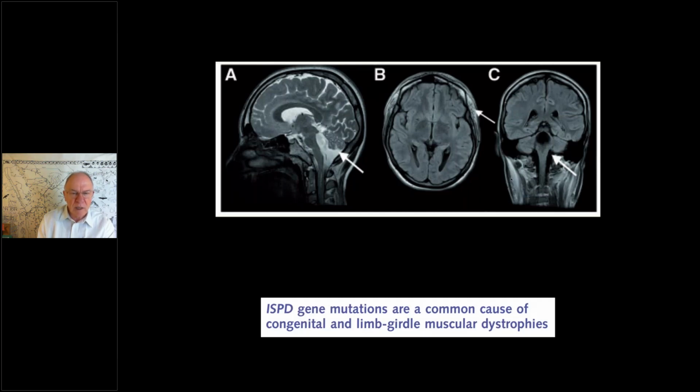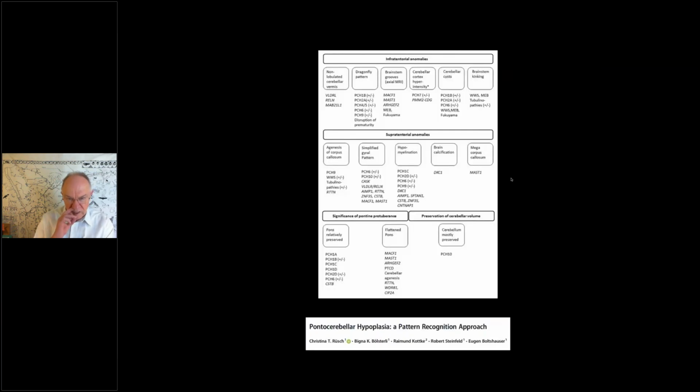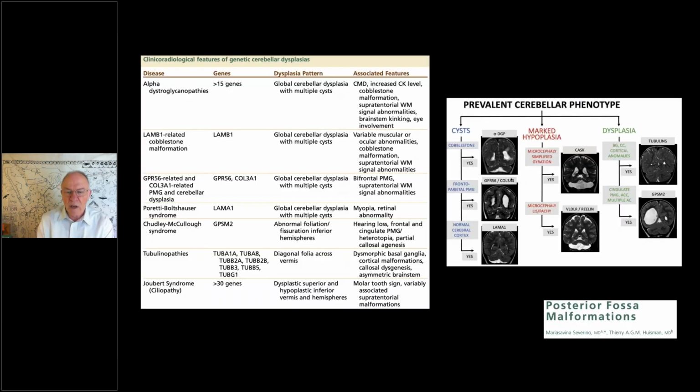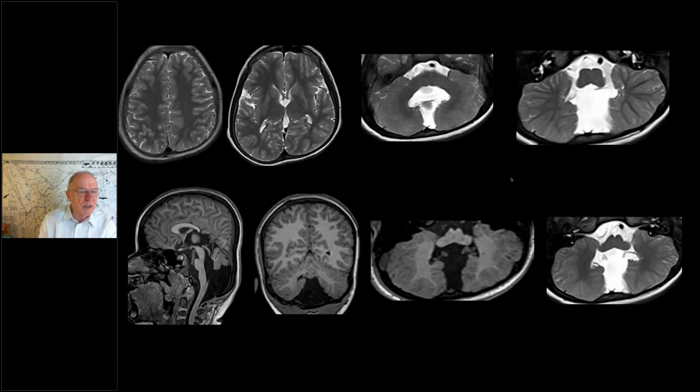Brief comment. The case you have shown does not fit to any of the entities you have listed in the tables. And just because of LAMA1 mutations, Poretti-Boltshauser syndrome, the patients we know now, about 30 patients, they are not microcephalic.